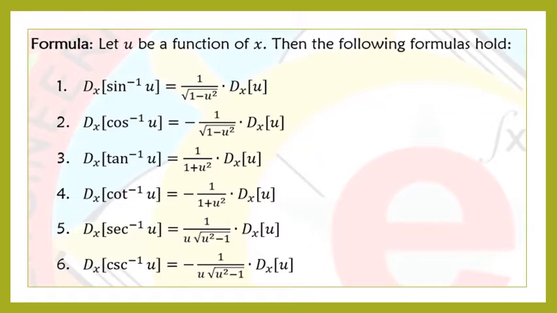The variable used here, class, is u, and the notation used here is not arcsine, but it is the same, because in other books, class, some use arcsine and others use sine inverse, the one with negative 1 as an exponent. Formula 1 means the derivative of the arcsine or sine inverse of u is equal to 1 over the square root of 1 minus u squared times the derivative of u.